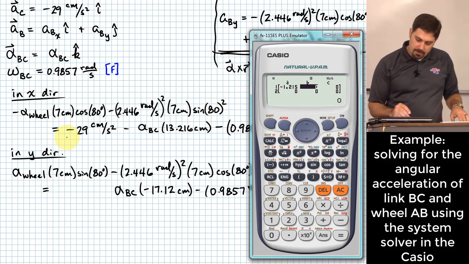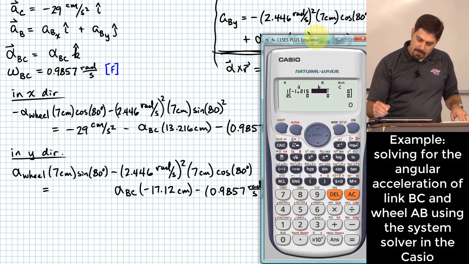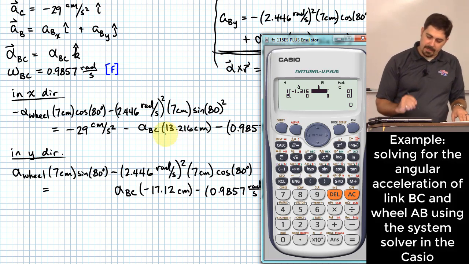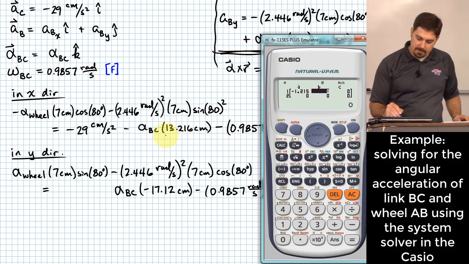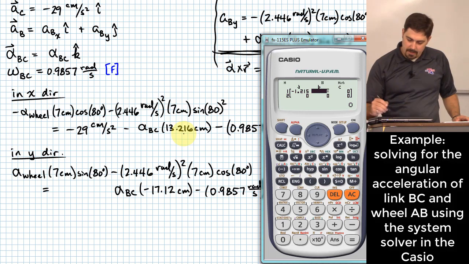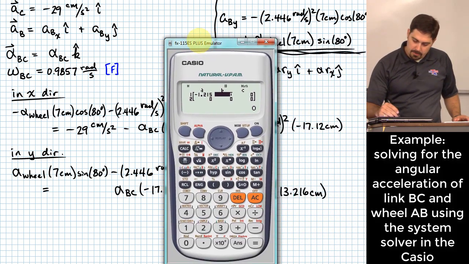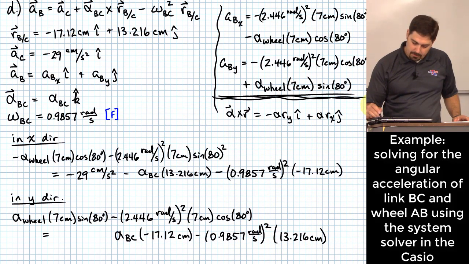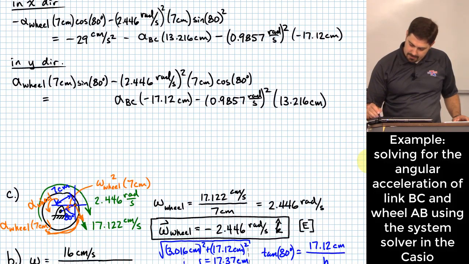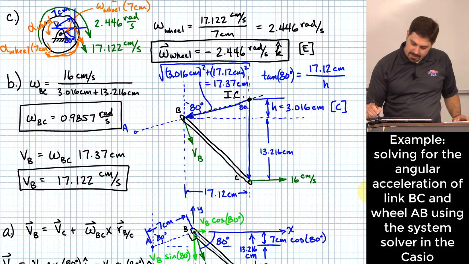The next term that I have that is a variable term is going to be this negative alpha BC times 13.216. When I move that to the left side of the expression, that becomes a positive 13.216. And I believe I had 13.216 stored in one of my variables. Sometimes it runs together.